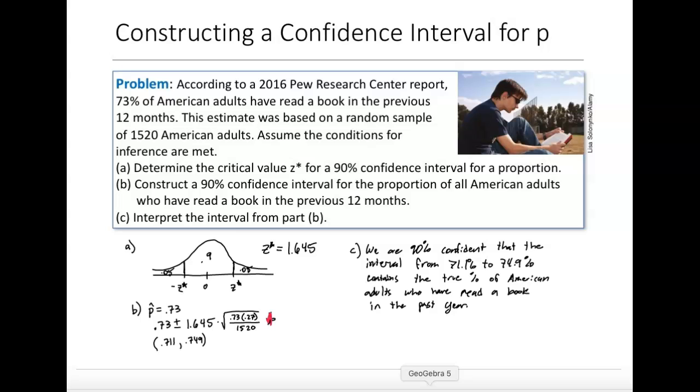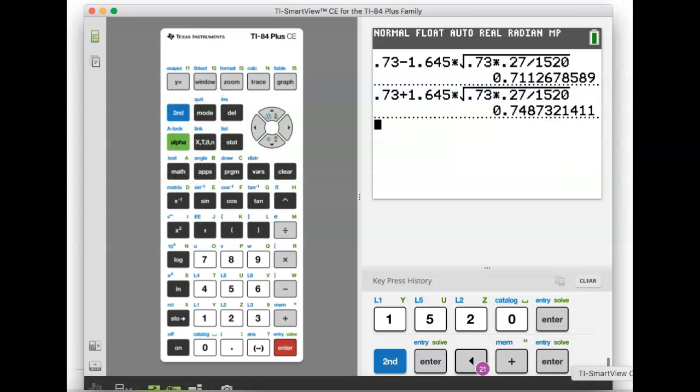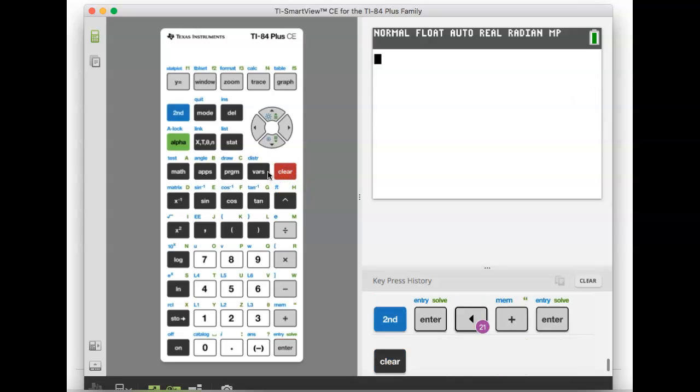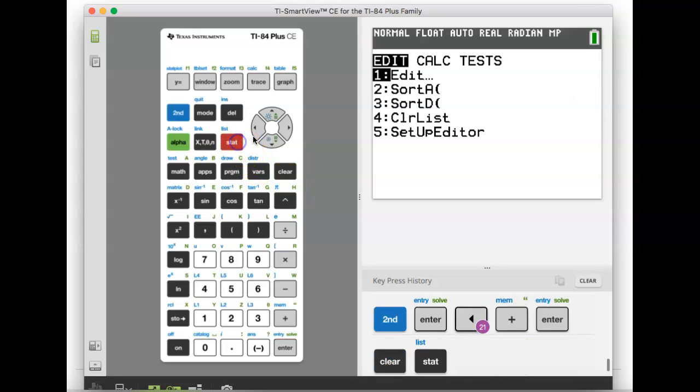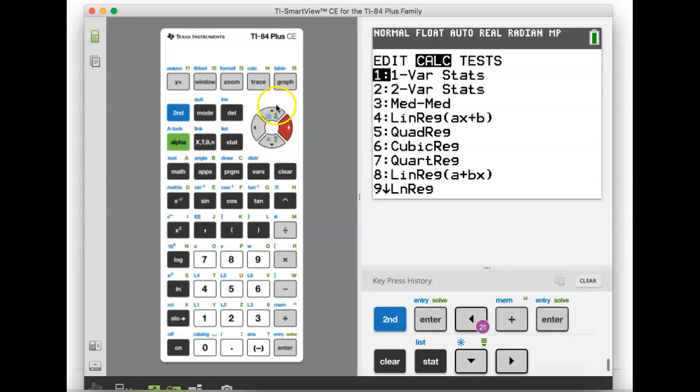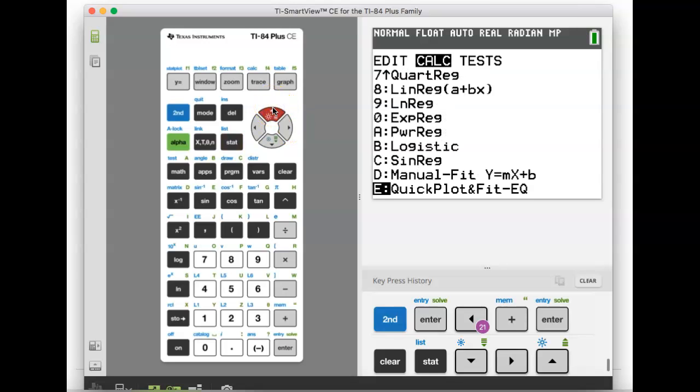So let's go to calculator. We're going to go to stat, calc. Oh no, that's not where it is.